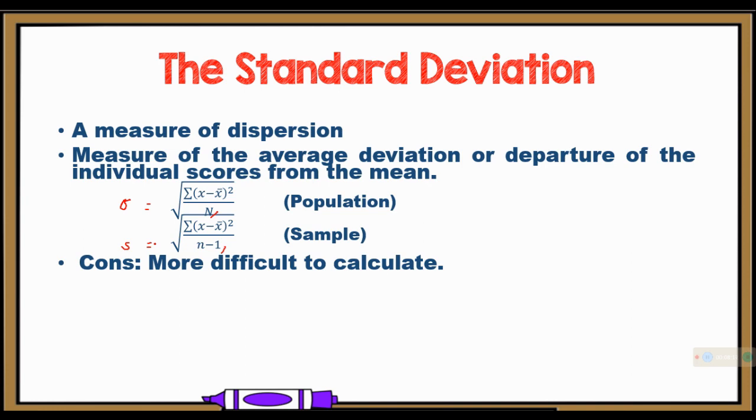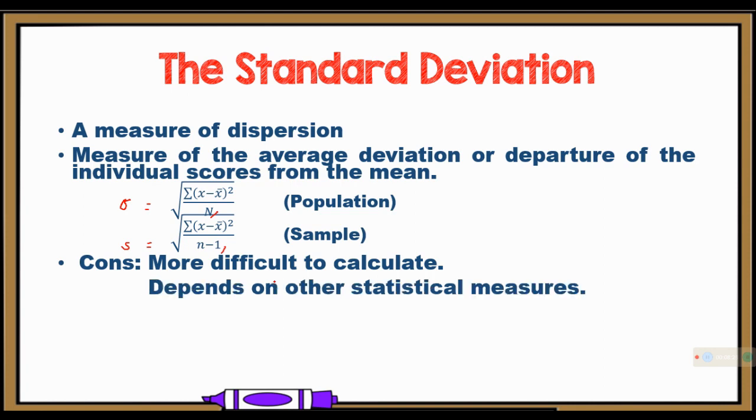Now, what are the disadvantages of getting the standard deviation? It is, of course, more difficult to calculate. You can see from the formula that it is more complicated than the range. And also, it depends on other statistical measures.